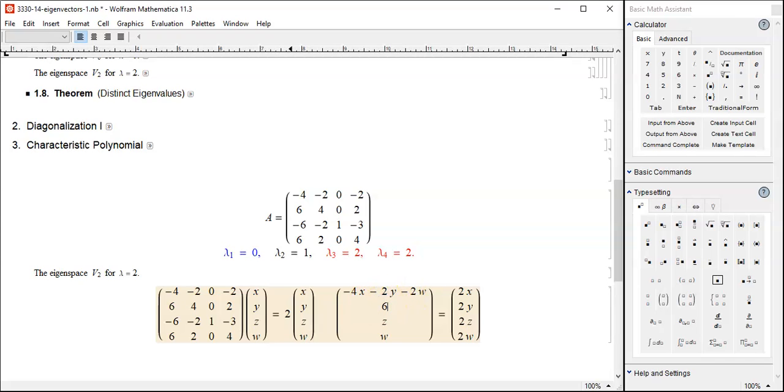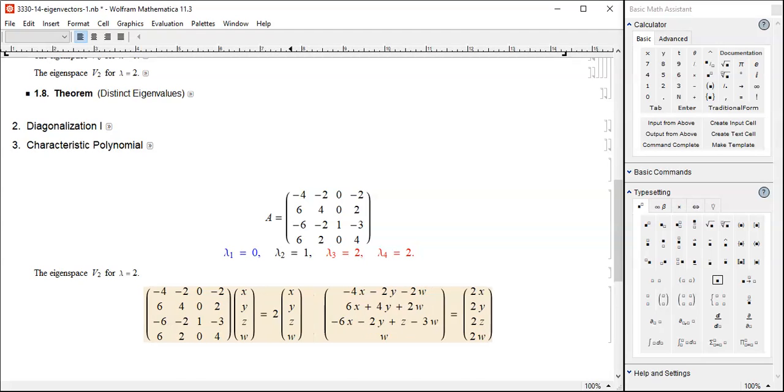So this is 6x plus 4y plus 0z plus 2w. And this one is going to be negative 6x minus 2y plus 1z minus 3w. And 6x plus 2y plus 0z plus 4w. And this is what we have. I hope I did everything correctly.